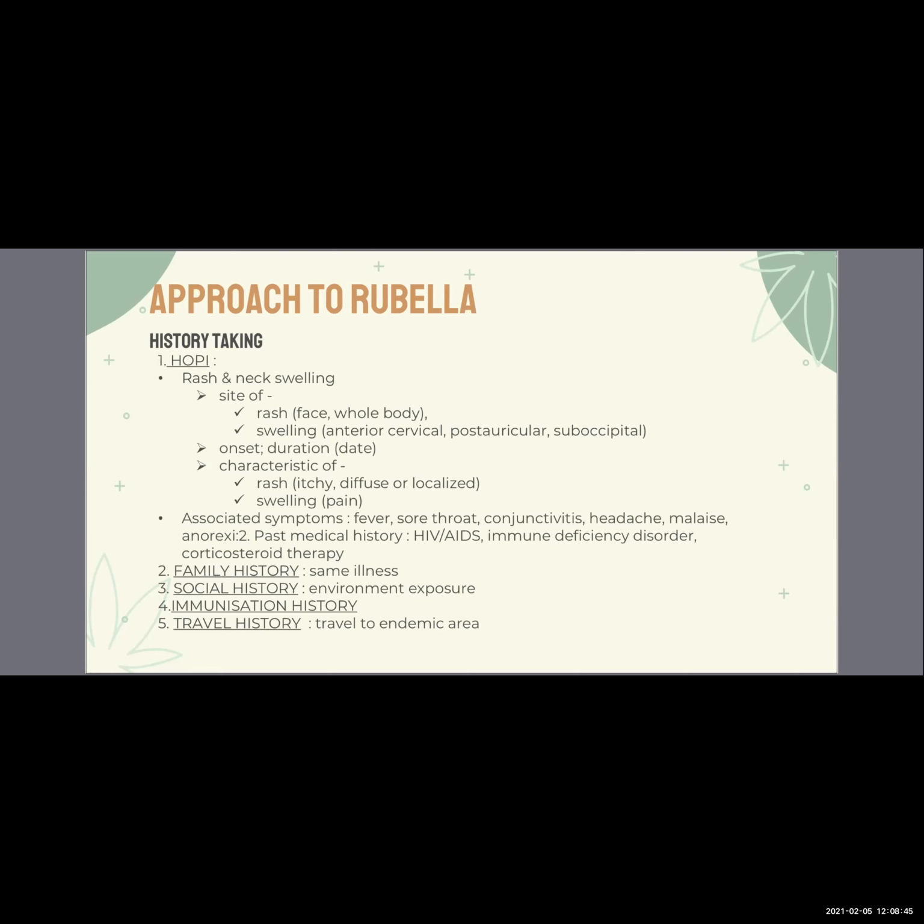Is it accompanied by pain? We also ask for associated symptoms that would include fever, sore throat, conjunctivitis, headache, malaise, and anorexia. For other history, it is almost similar to the two previous viruses.